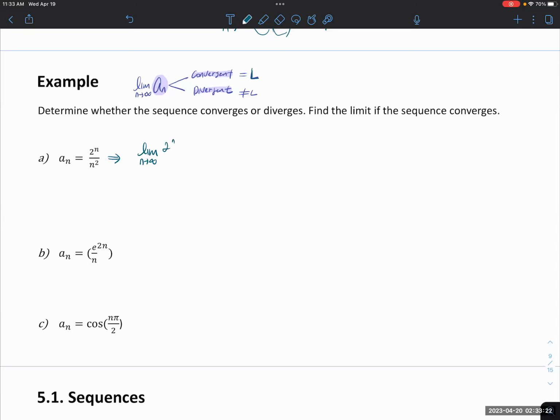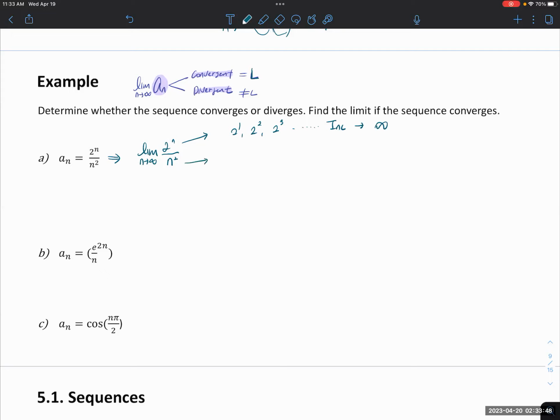So we have 2 to the n over n to the second. Here, it's very interesting because when you look at the numerator, as n increases, 2 to the 1 is the first number, 2 to the second, 2 to the third. So they're getting larger and larger. It looks like they're going to infinity.